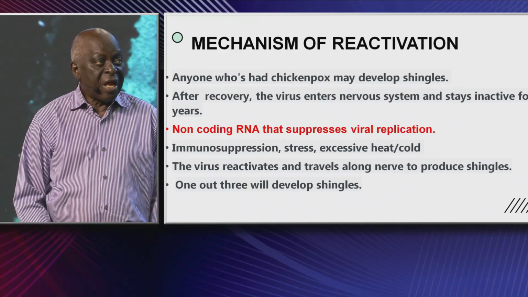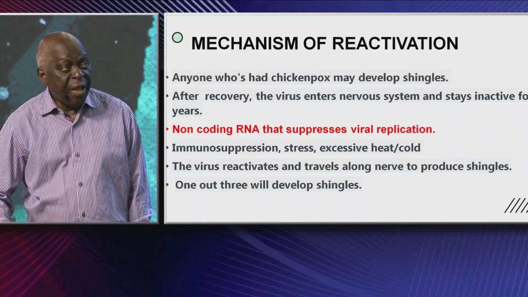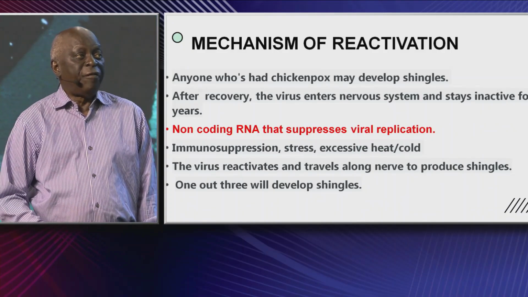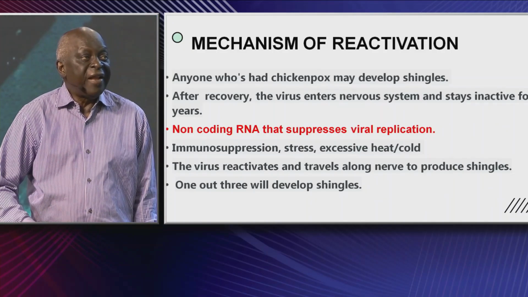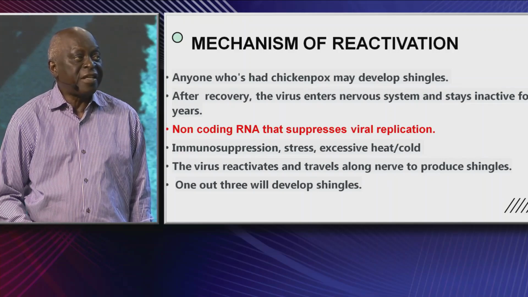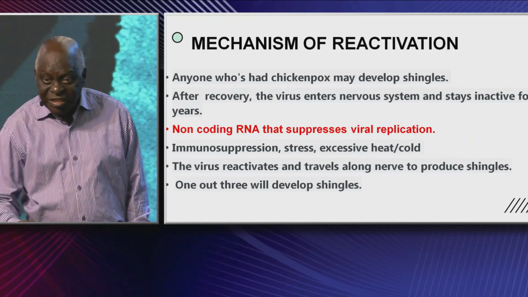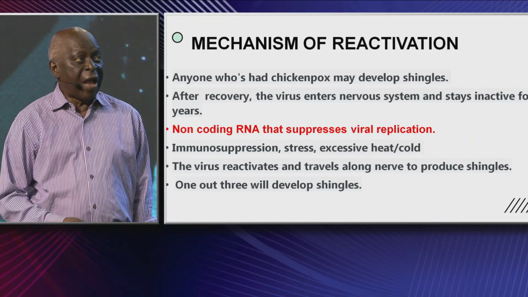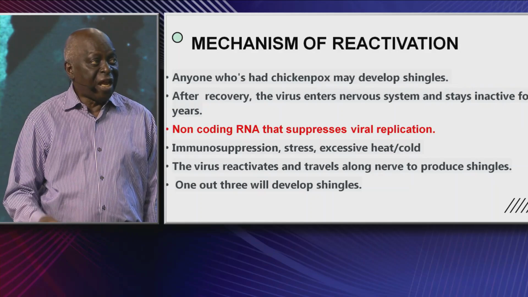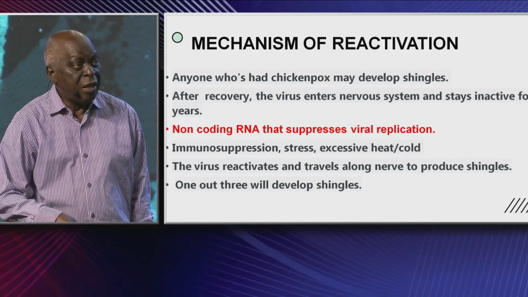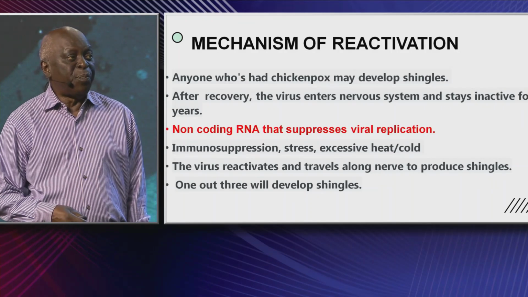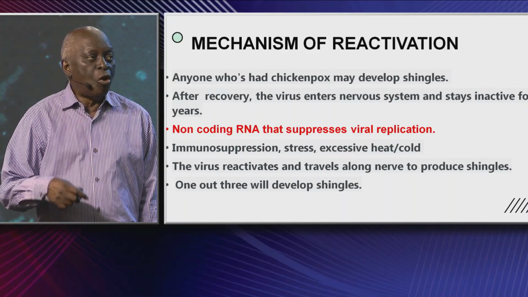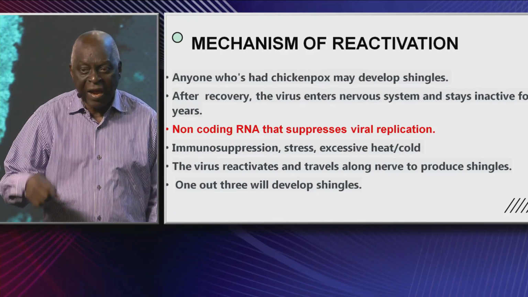What happens after recovery from chickenpox? Please follow. After recovery from chickenpox, the virus enters the nervous system and stays inactive for years. And why does it stay there for years? In fact, it has been found out that the reason why it stays there for years in the latent site, which is the dorsal root ganglia, is because of non-coding RNA that suppresses viral replication.